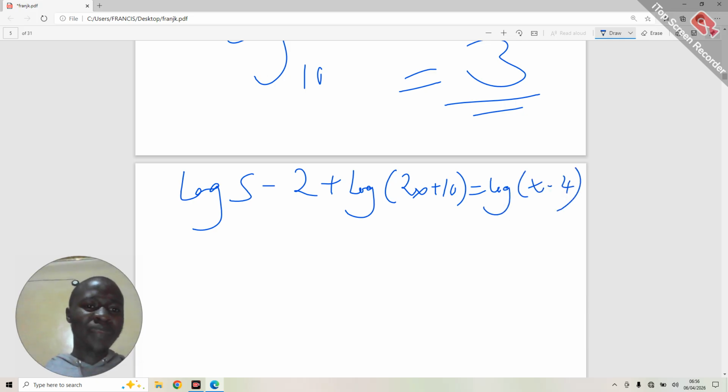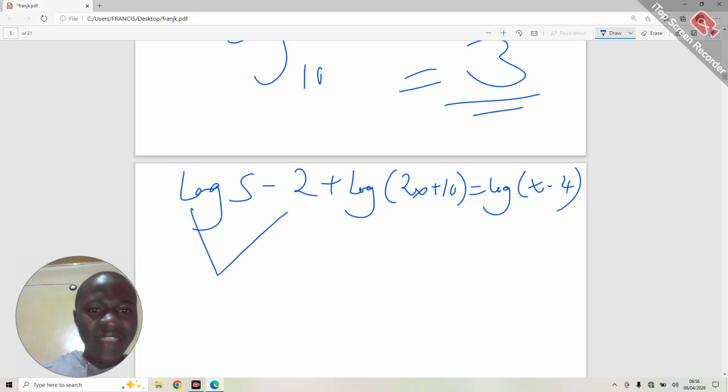Now remember, if you come across such type of question, if it is log, let it be log, log, log, log. Let it be a sequence of log, or maybe let it be a series of log. Like we have log, then the log is missing at this point.